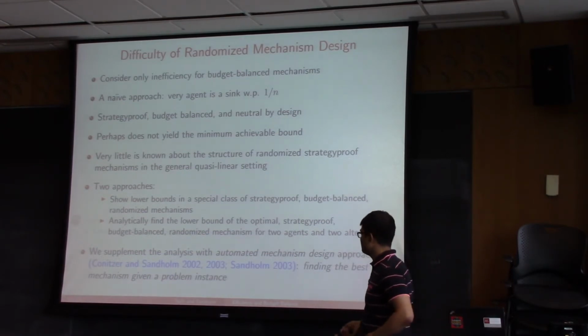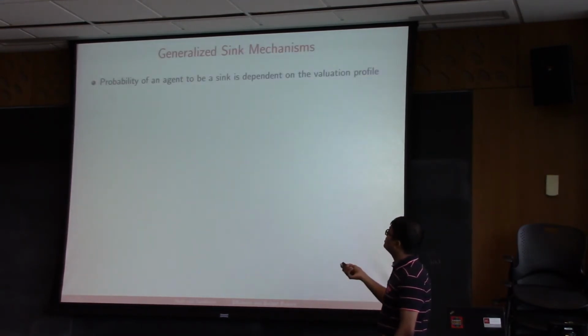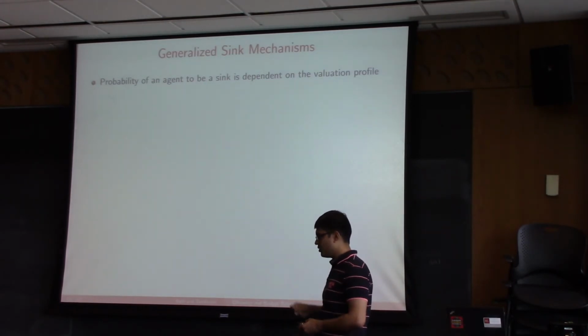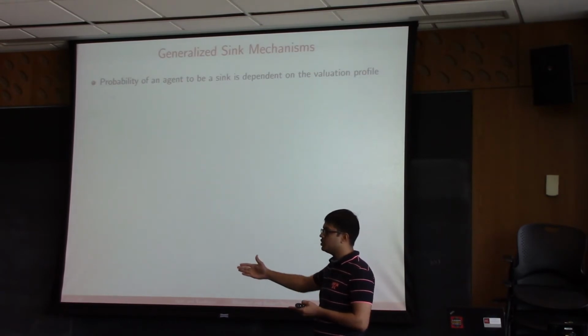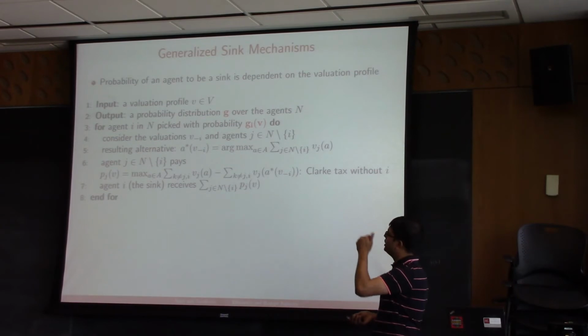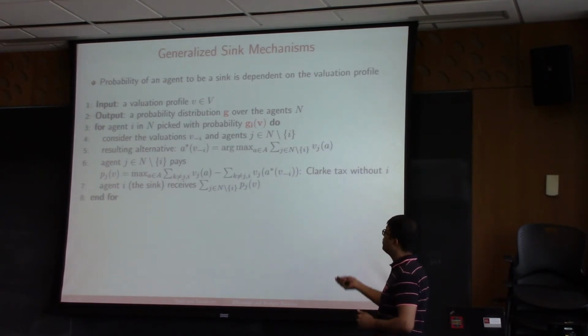Yes, so okay, this class of mechanisms we'll be calling the generalized sink mechanism. It's a little more general than what we discussed before. Instead of picking each of these agents as sink with a constant probability, I can now do it in a general way where I look at the valuation profile, whatever valuation profile has been reported.